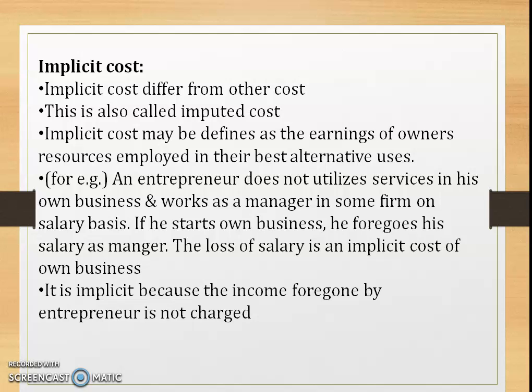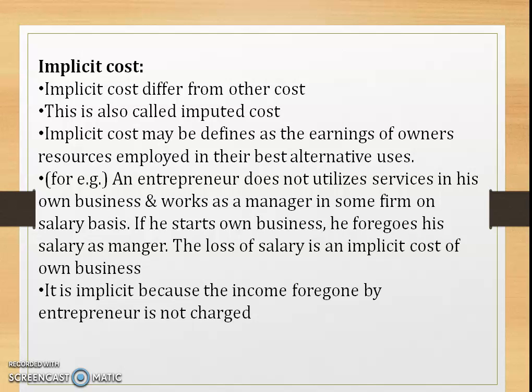For example, an entrepreneur does not utilize his services in his own business and works as a manager in some firm on a salary basis. If he starts his own business, he forgoes his salary as manager. The loss of salary is an implicit cost of the owner.